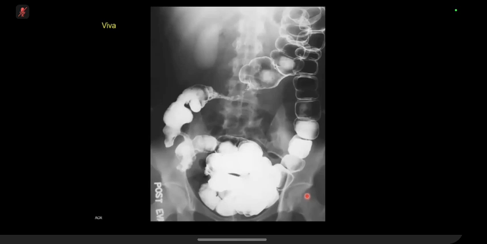There's also suggestion of some aphthoid ulceration in the distal transverse colon. What's your conclusion? The findings are quite in keeping with Crohn's disease. Okay, this case is a more chronic case of Crohn's disease where you can see these fibrotic strictures here.